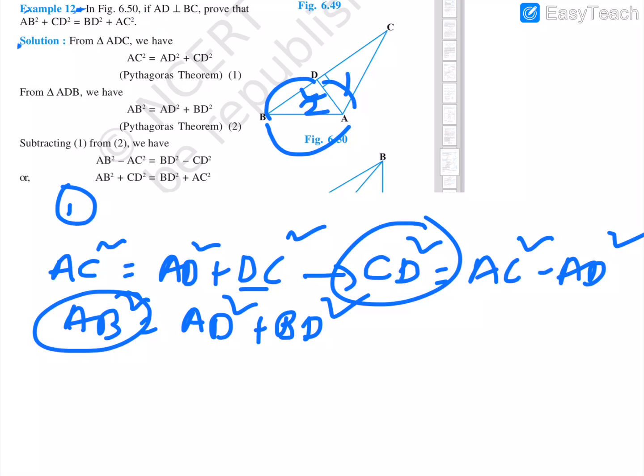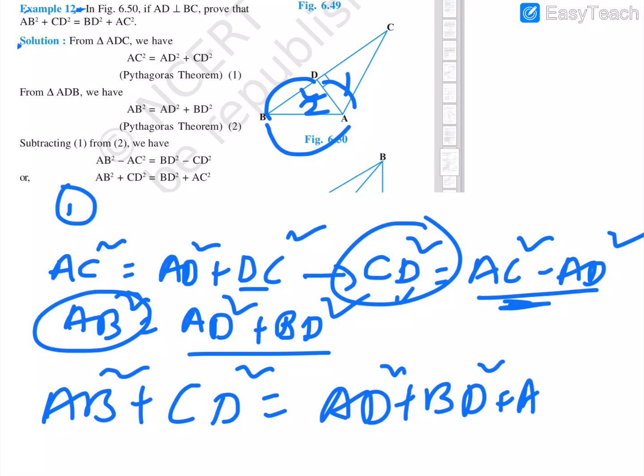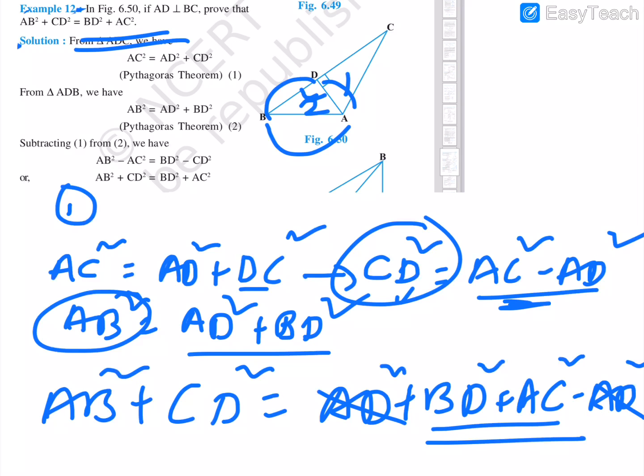So let's write AB square plus this CD square is equal to, write the values of both, AD square plus BD square plus this one, AC square minus AD square. So minus AD square plus AD square cancel, BD square plus AC square, that is what we are asked to prove. So in exercise 6.5, all we have to do is to apply Pythagoras theorem in right angle triangle.